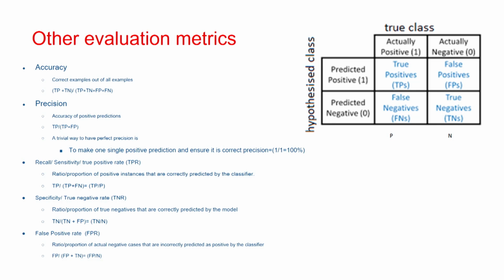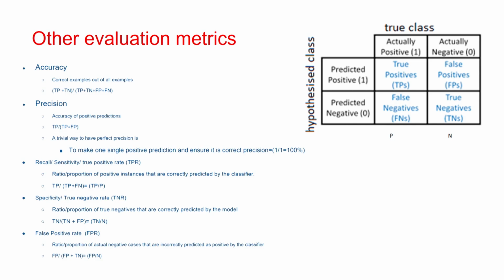In the denominator we have all the negative instances, and in the numerator we have those negative instances that are falsely predicted as positive.